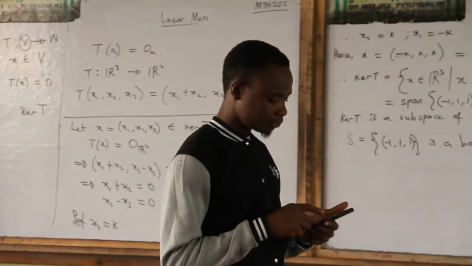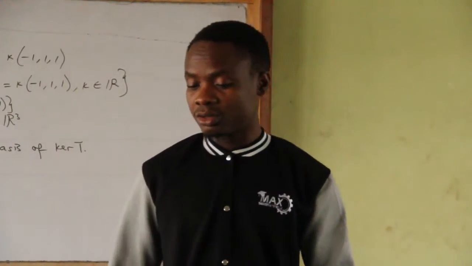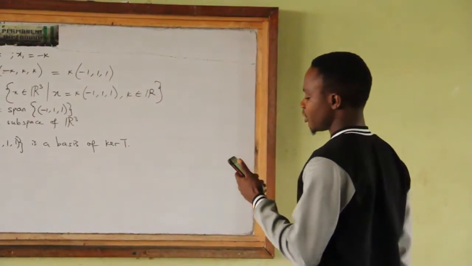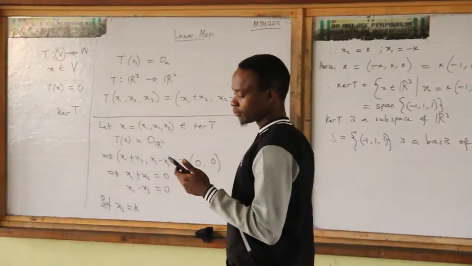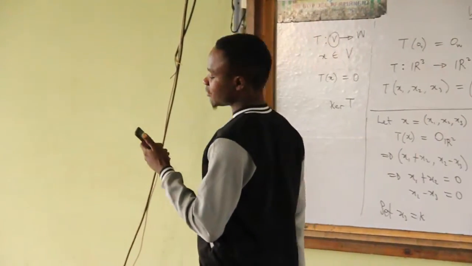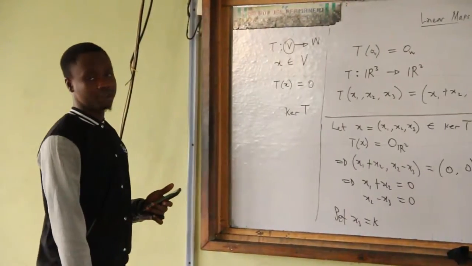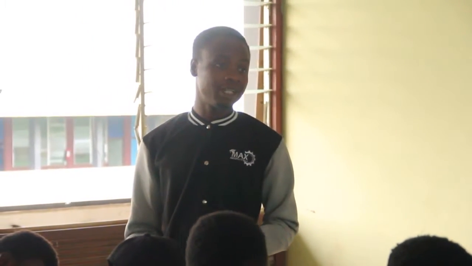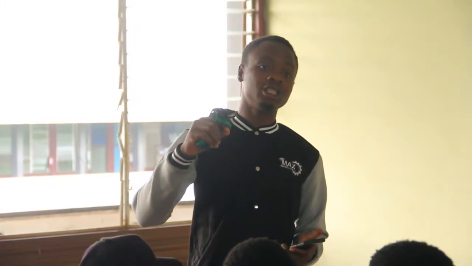Alright, let's move on. Another example. You're going to solve this yourself and we'll solve it together. Calculate the nullity of the linear transformation. So listen now. If you have this kind of question, what do you want to do? You want to get the Ker T first, and find out how many vectors are in its basis.